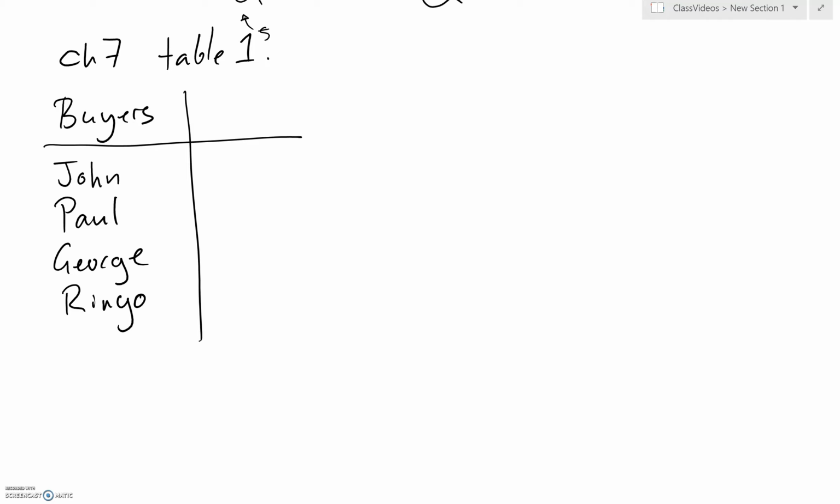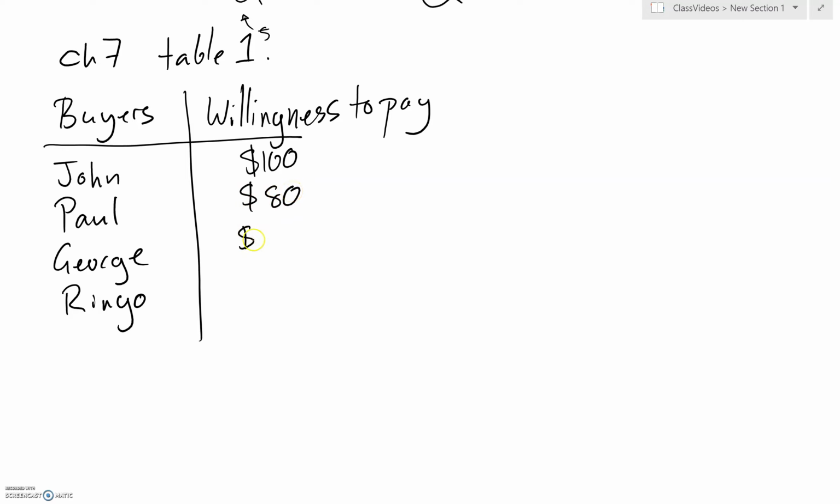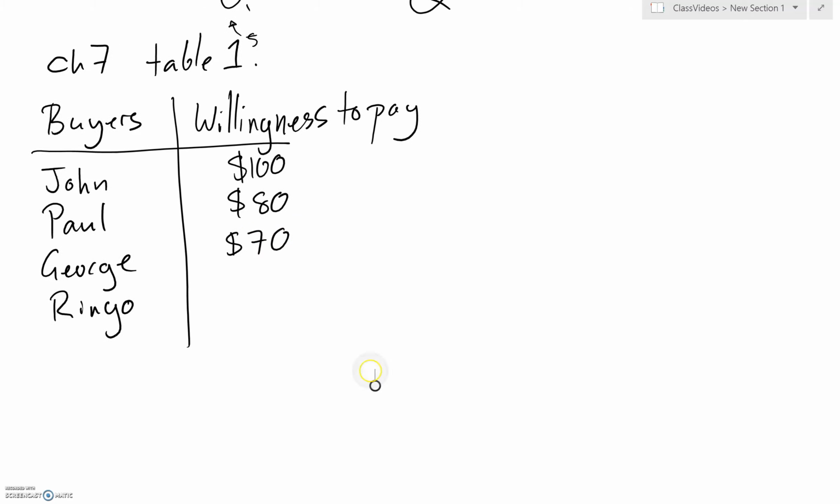And they each have a willingness to pay for an item. Okay, so John values this item at $100. Paul values this item at $80. George values the item at $70, and Ringo values it at $50.